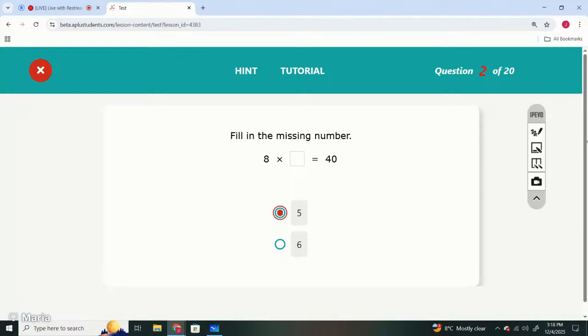The correct option is 5. Option number 1 is the correct option. Fill in the missing number. The missing number times 4 is 40. So what number is it?